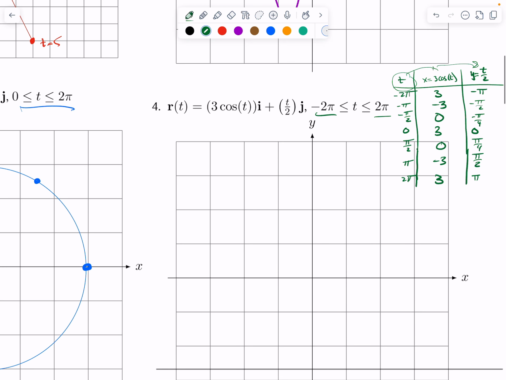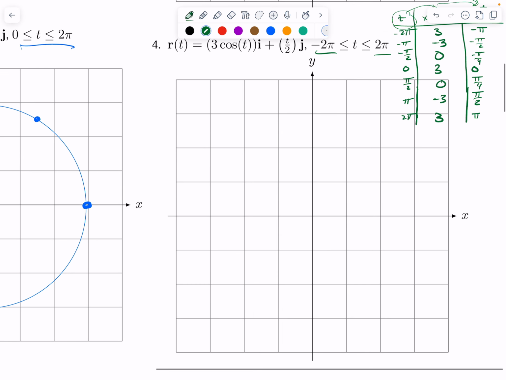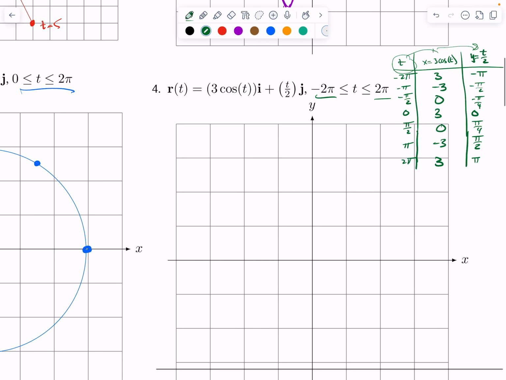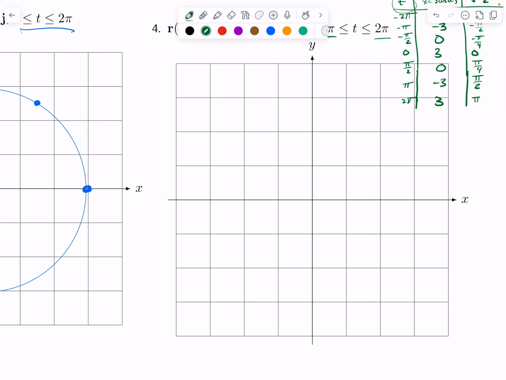Okay, let's see if I can fill this in pretty quickly. Okay, so we start with x equals 3 and y is equal to negative pi. So 3 is right here, and negative pi is going to be a little bit below. So that's t equals negative 2 pi.